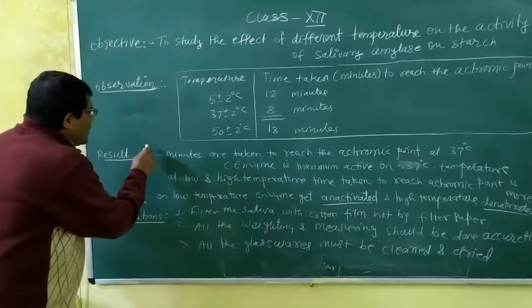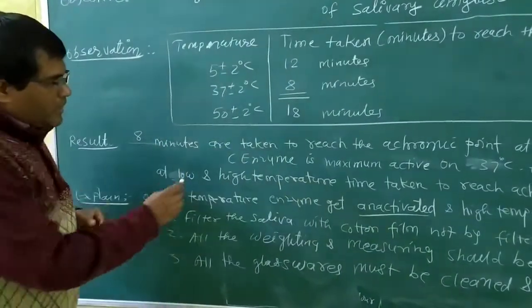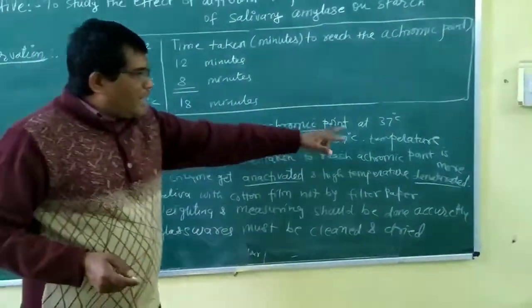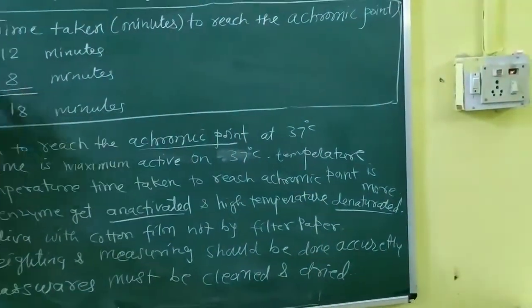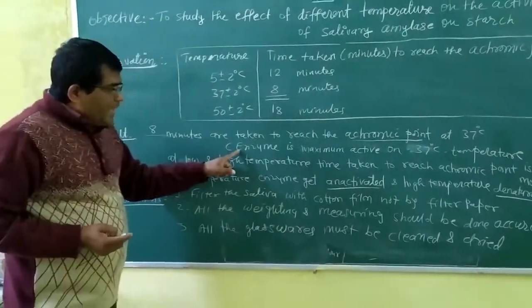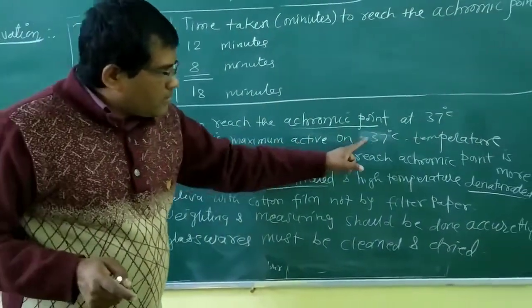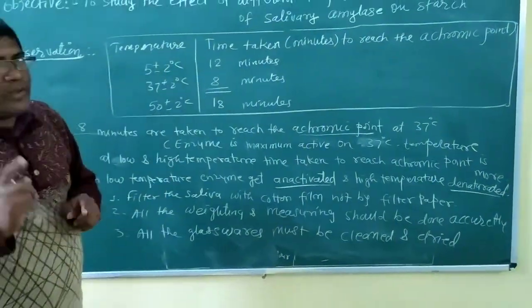Number 1, 8 minutes are taken to reach the achromic point. At which temperature? At 37 degree temperature, 8 minutes is taken. Because the enzyme is maximally active at 37 degree temperature. This is a very important point.